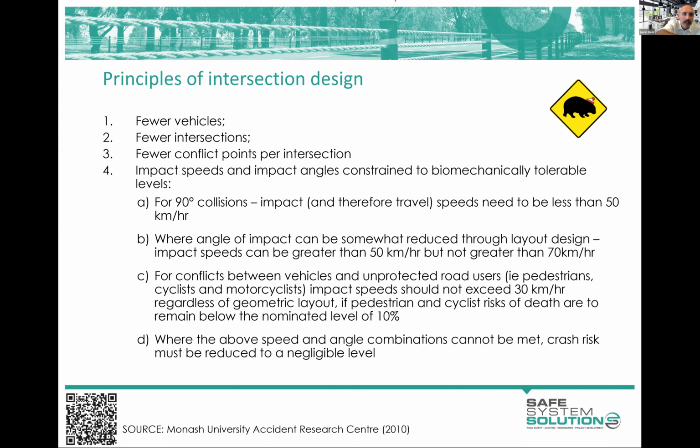And if we look at these principles of intersection design, which Monash University put down, if we've got fewer vehicles or fewer intersections, I mean, practically these are very hard things to actually implement, but nonetheless, those influence the exposure to crashes.